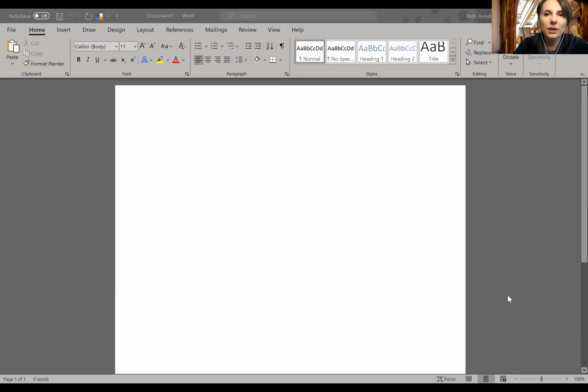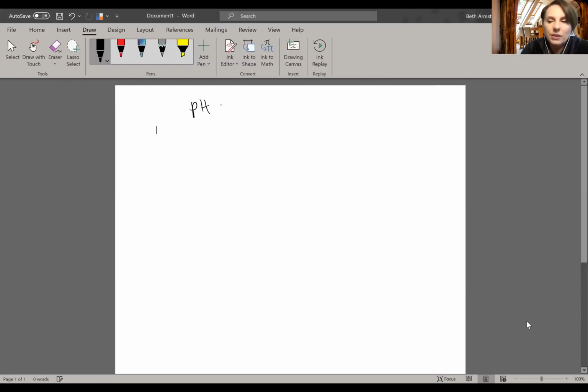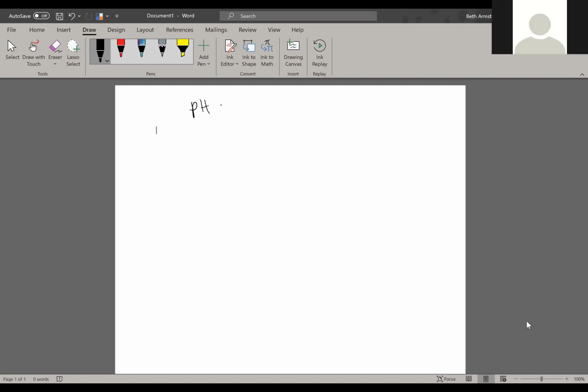When we talk about blood gases, we are essentially looking at a few things. First we're evaluating the animal's blood pH. What is the animal's normal blood pH? It's 7.35 to 7.45.